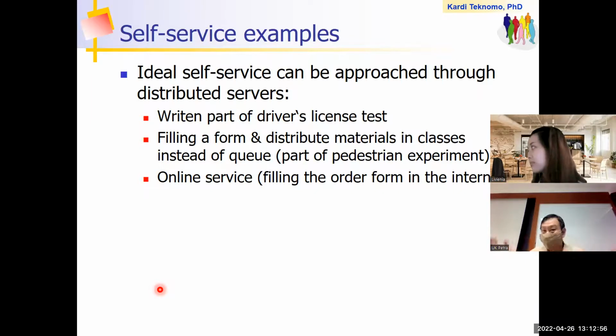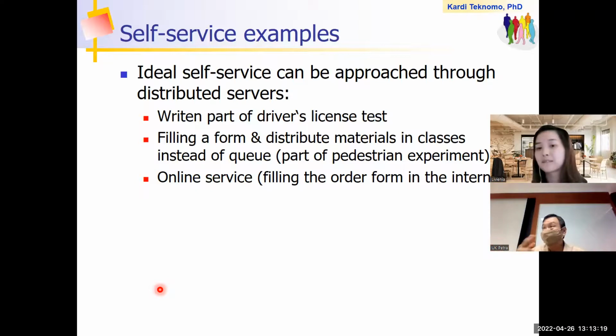I created a self-service. I asked them to go to the classes, and then instead of one by one or several servers here, where they fill up the form one by one and then queue, in the class it's a really parallel server because we just distribute directly in the class and they fill up the form at the same time.